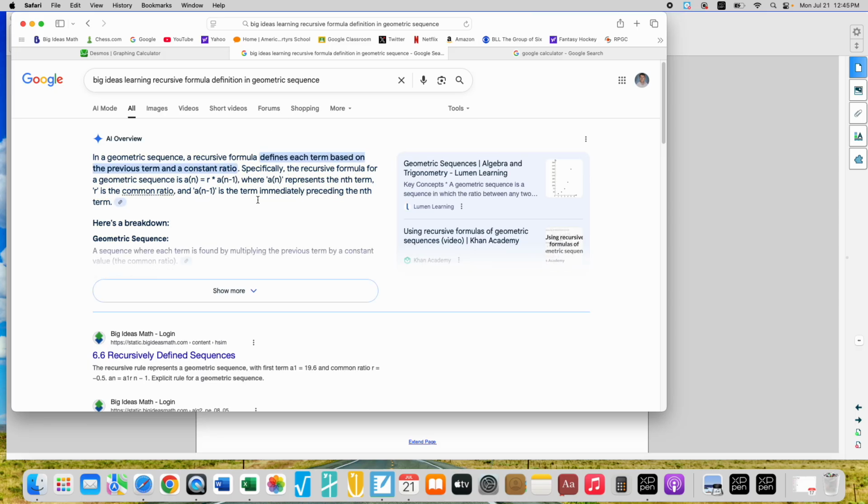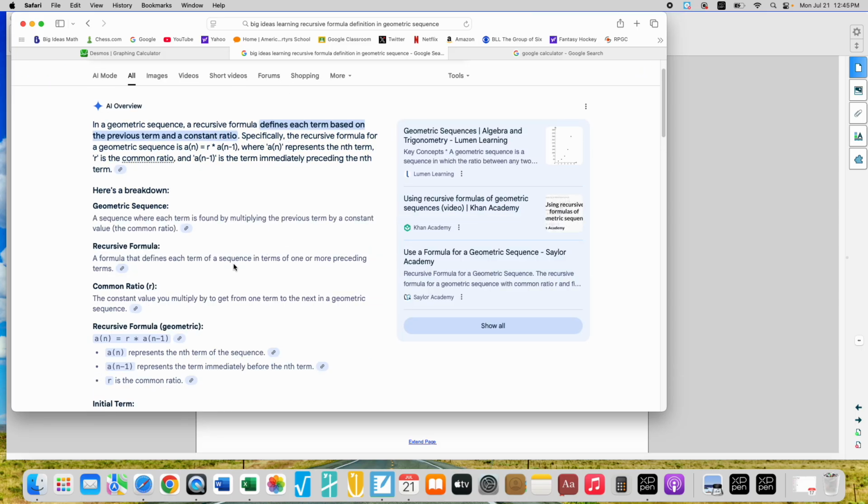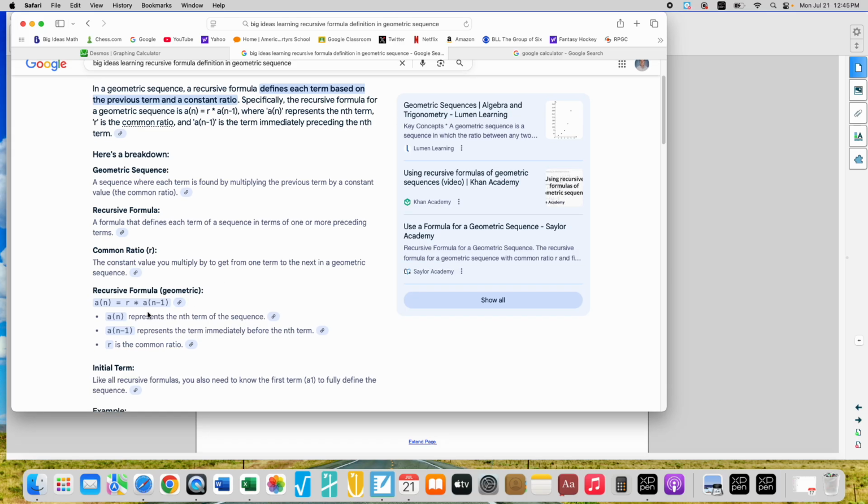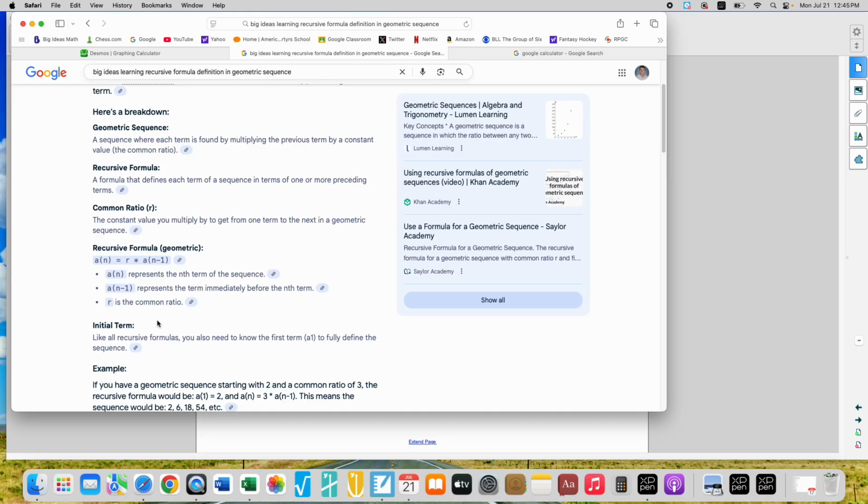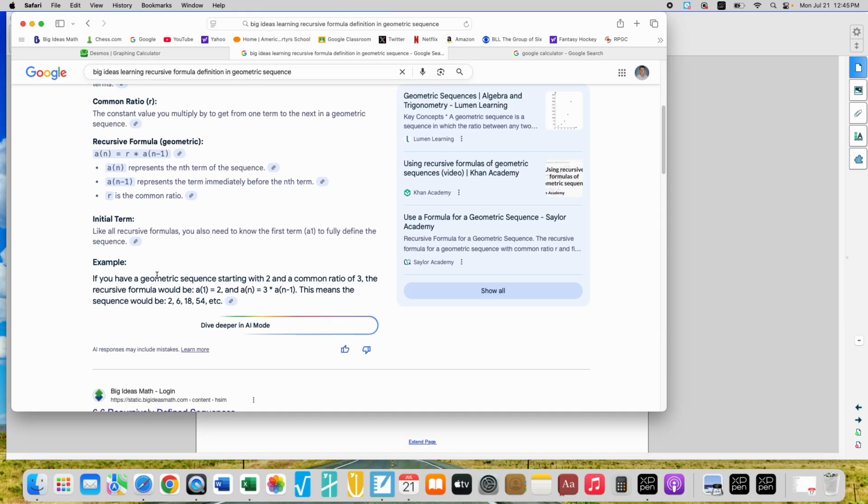It defines the previous term, geometric. So r times a, recursive, geometric. Yes, we know that, right? Well, that doesn't look like it's to the power, but it is.